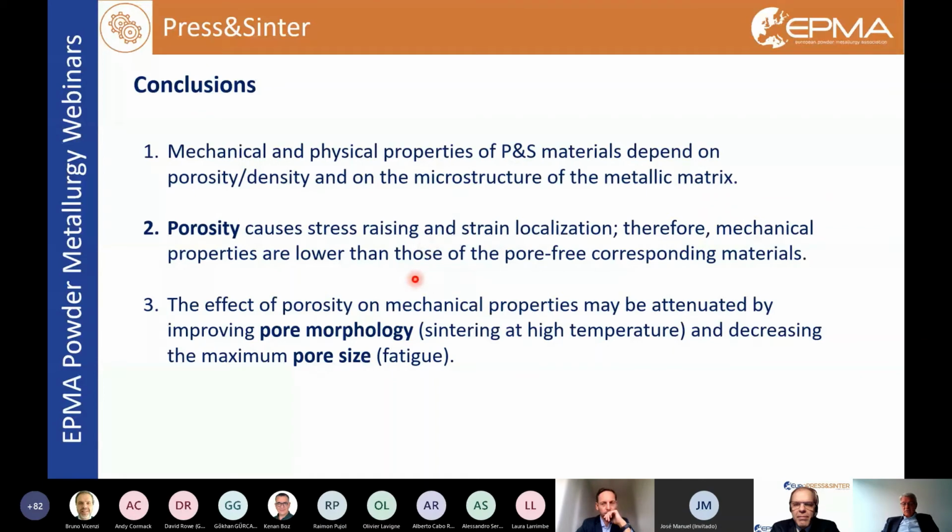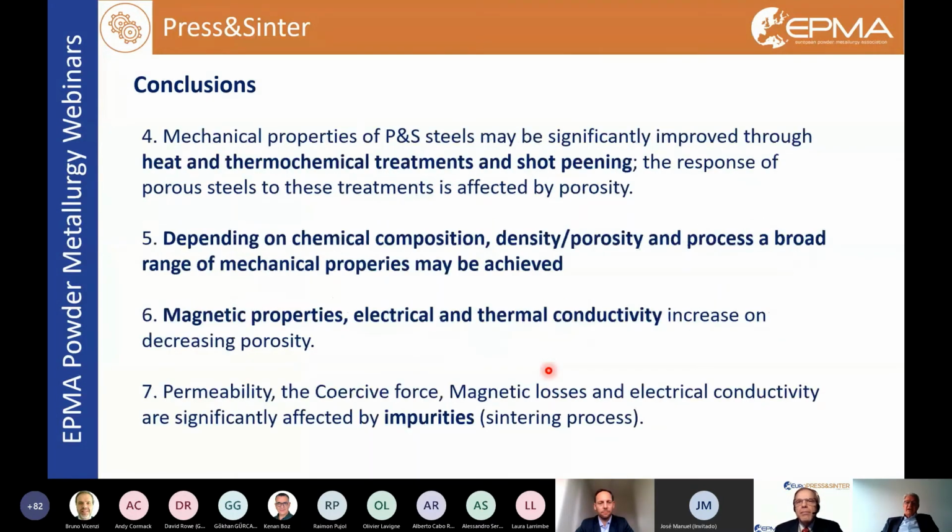The influence of porosity may be attenuated by improving the pore morphology, and the best way is to sinter at high temperature and decrease the maximum pore size, and this is in particular important for fatigue. The sintered properties may be further increased by heat and thermochemical treatments or mechanical surface treatments, and the response of the material to these operations is affected by porosity.